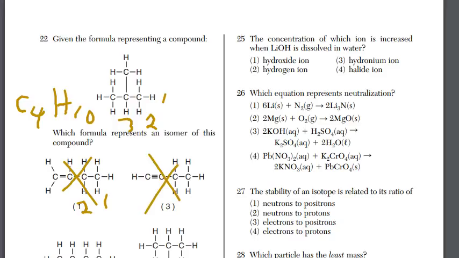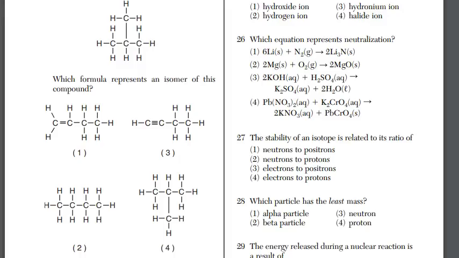So now I just have to bring the other choices into view, and we'll figure this out. If I take a look at choice 2, I have my 4 carbons here, and I got 1, 2, 3, 4, 5, 6, 7, 8, 9, 10. This looks good. Now with choice 4, I got 4 carbons also, and I have 10 hydrogens.